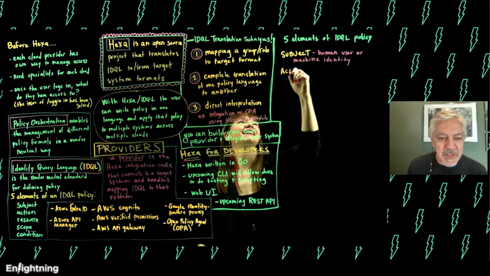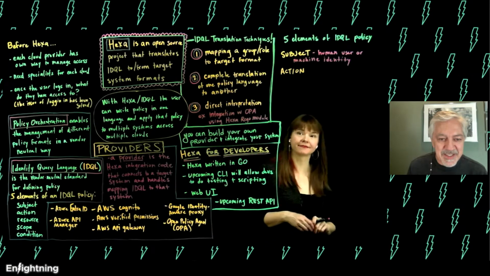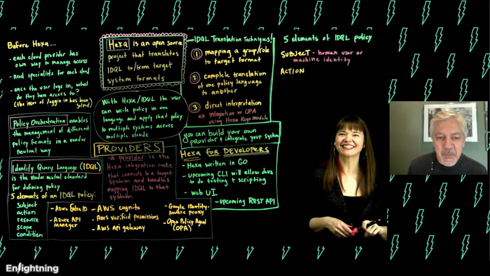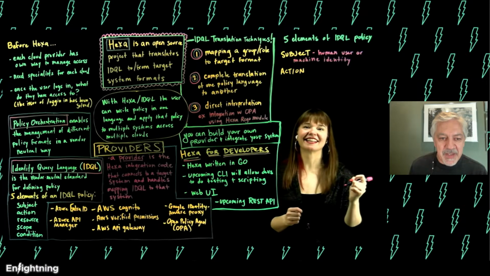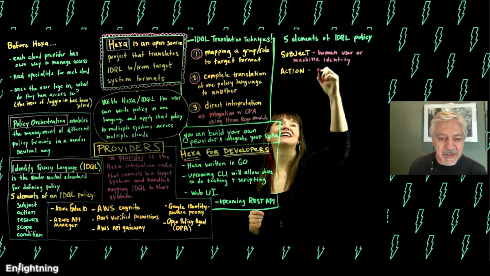And then we have action. Yeah, action, there's the traditional CRUD things: create, read, update, delete. But then an application could have any kind of action. In a database, you think about select statements.